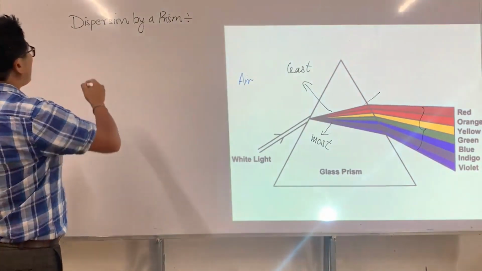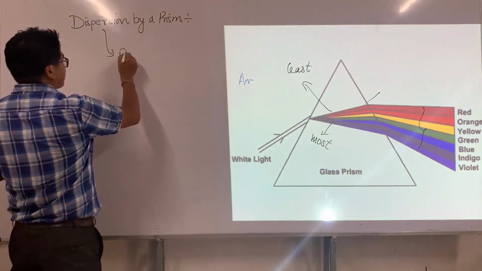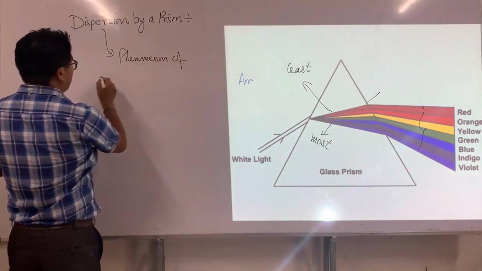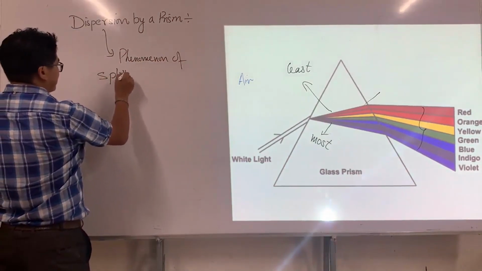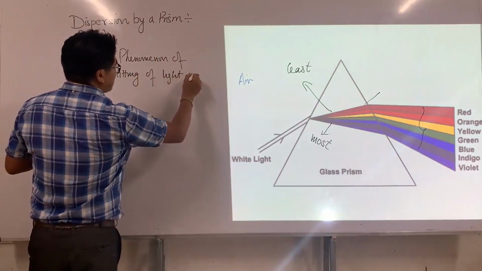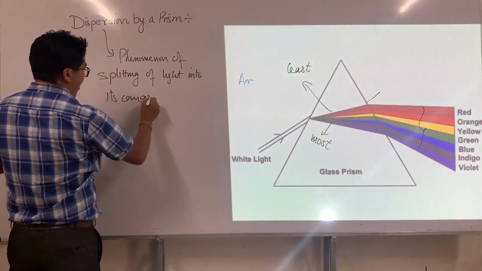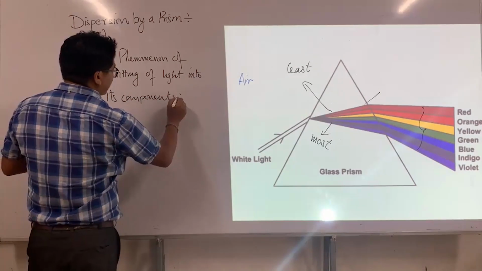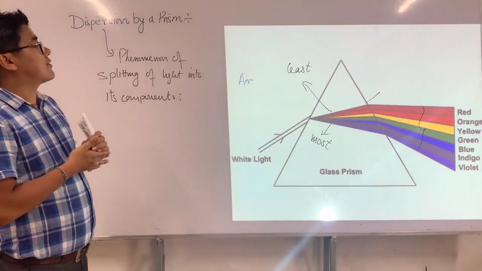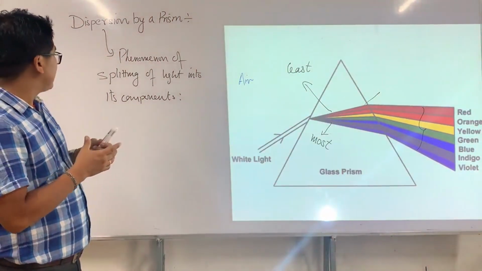So I define dispersion of light as the phenomenon of splitting of light into its components. This is what we define as dispersion of light.